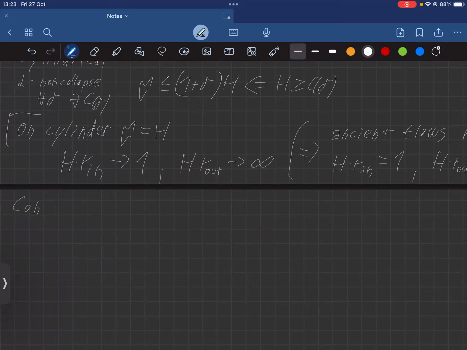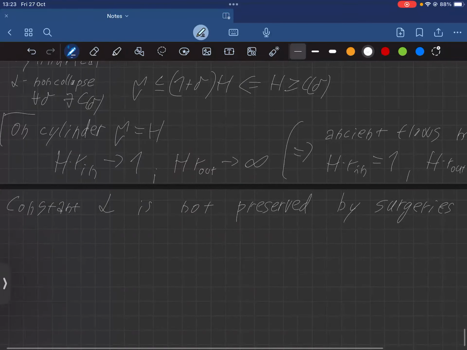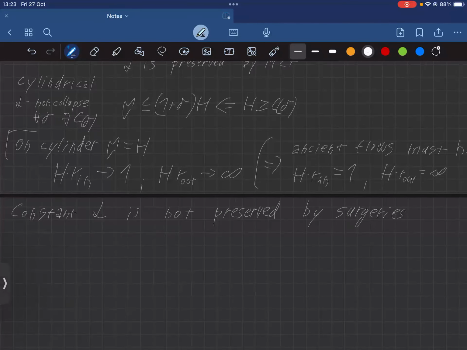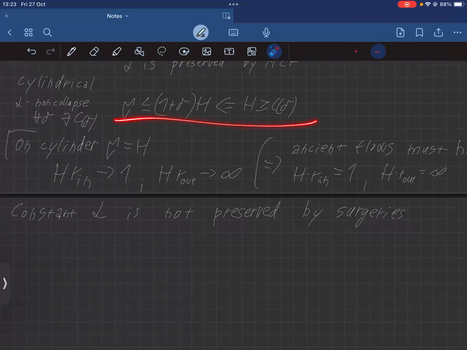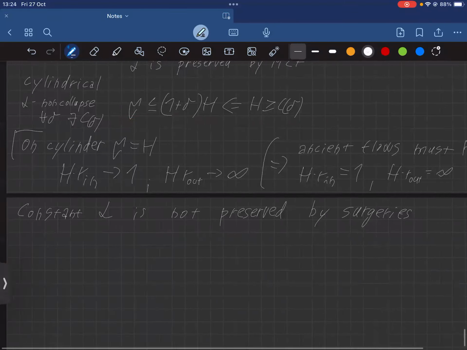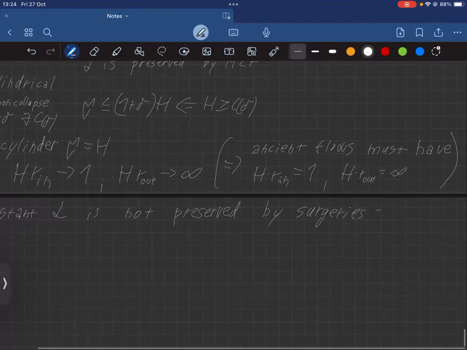I'll write it down: the constant alpha is not preserved by surgeries, which is quite a big problem because we would like to have this estimate throughout our mean curvature flow with surgeries, but the alpha might deteriorate under surgeries. So that means that after the surgery, we no longer have this estimate. So that's a problem.